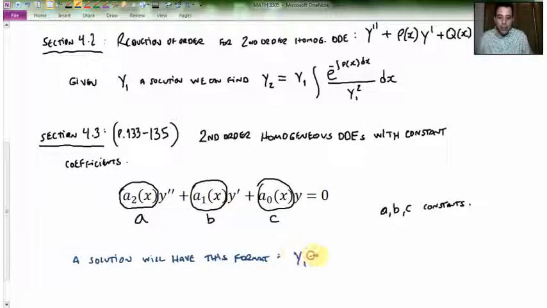It will be something like e raised to mx. So that's the idea of this part of section 4.3.